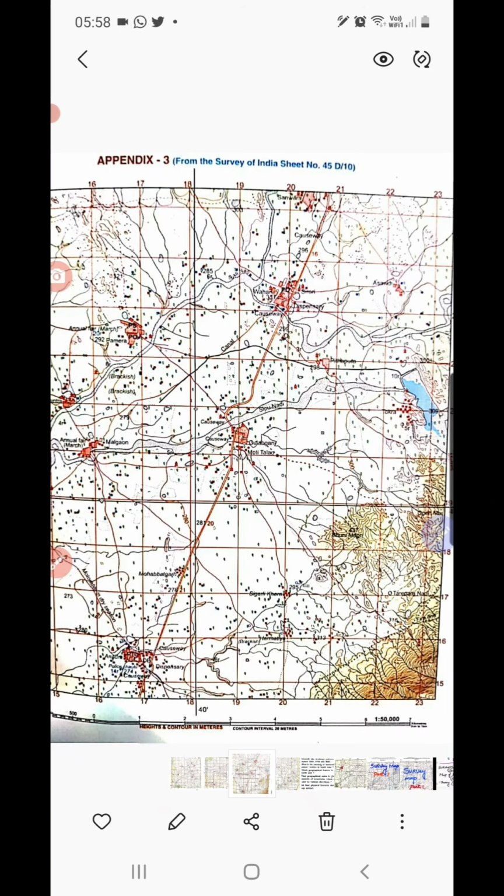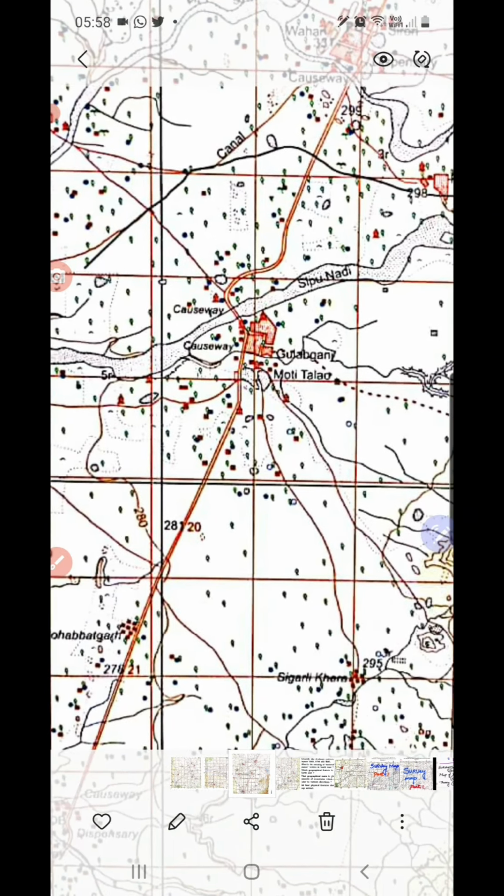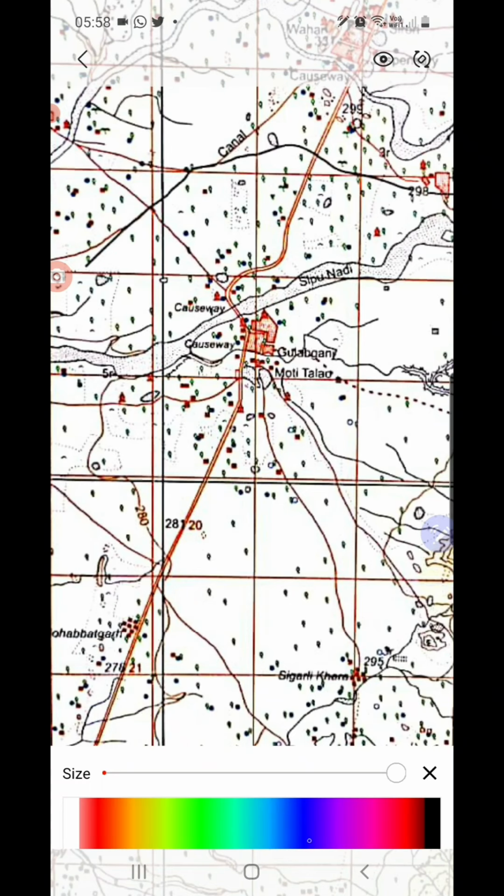Then you will also find natural features or physical features. Then you should know what milestones are. Milestones are this one. You see 20. It's written on roads, metal roads. You will find it with red ink letter numbering. That is called a milestone. You see 20, 21.